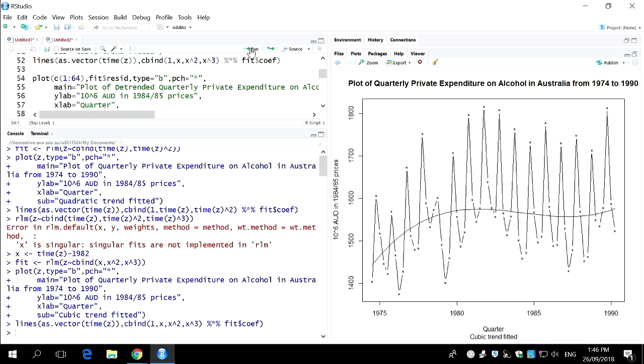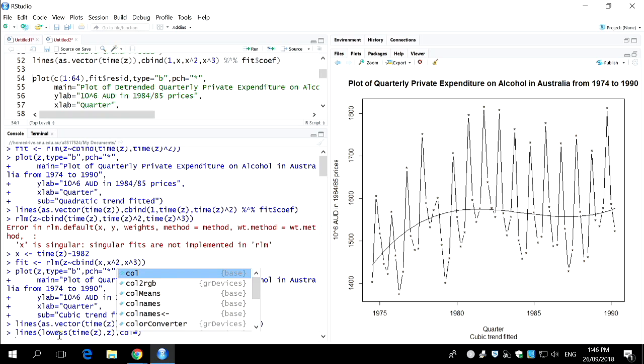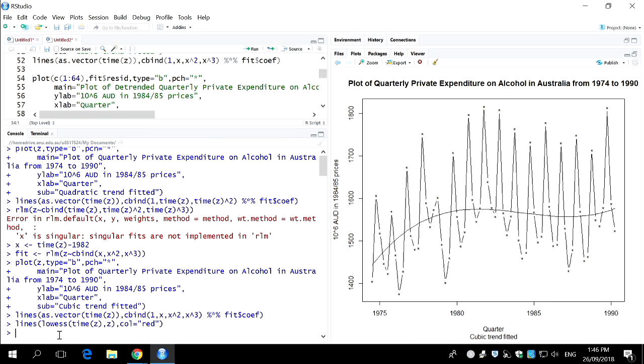Awesome. And just for fun, let's add the lowess curve: lines, lowess, times Z, Z, colour equals red. There's the lowess curve.